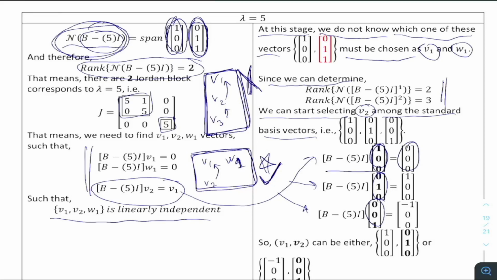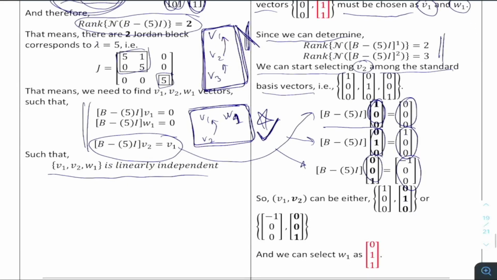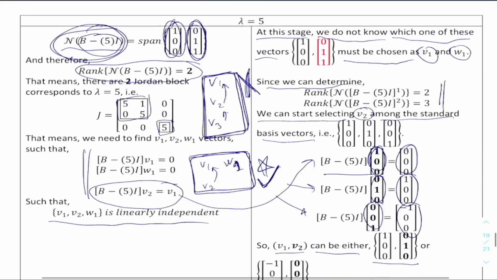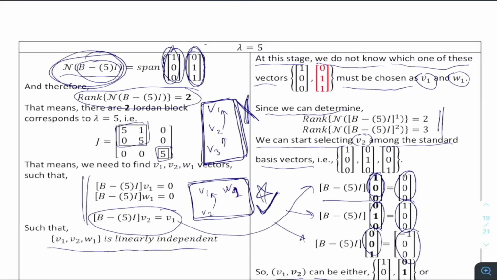This is not 0, and this is not 0, so it states that v1, v2 can be either this pair or this pair, and we select v1 as 0 1 1. Okay, remember 0 1 1.